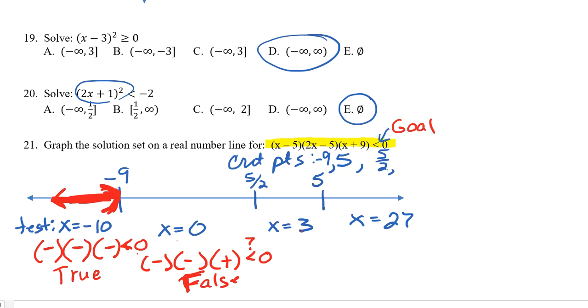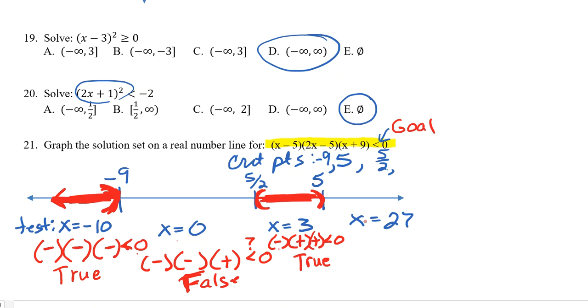If I put 3 in for x, the first parenthesis would be negative 2. The second parenthesis would be positive 1, and the third parenthesis would be positive. So if I multiply 1 negative and 2 positives, it is less than 0. So as we expected, now it works again. And if I test the last region, I think it will be false.